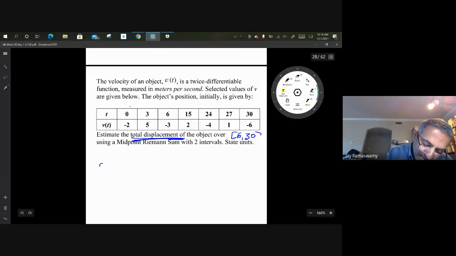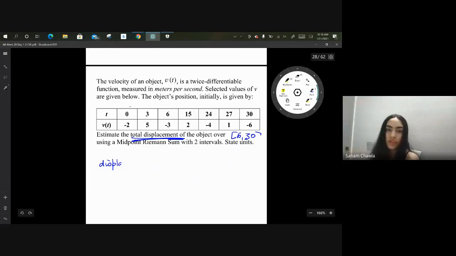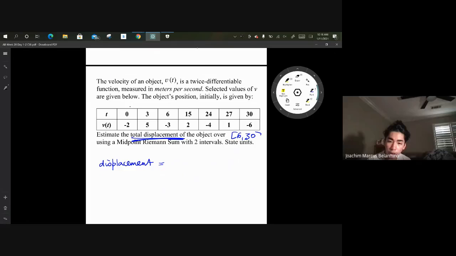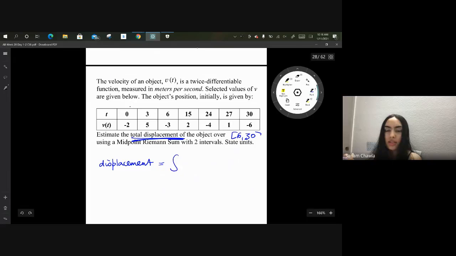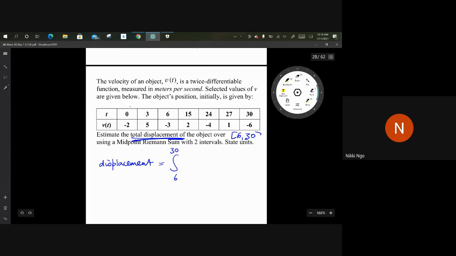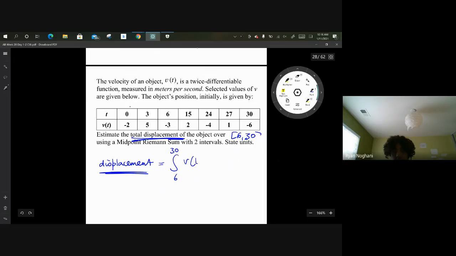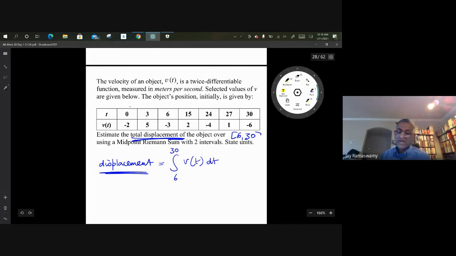What's the definition of displacement again? Change in position. Kids with slightly stronger skills, what can we directly write? Integral from 6 to 30. Think before you answer. Is it v of t or absolute value of v of t? This is displacement, so just v of t. You could do net change in position.